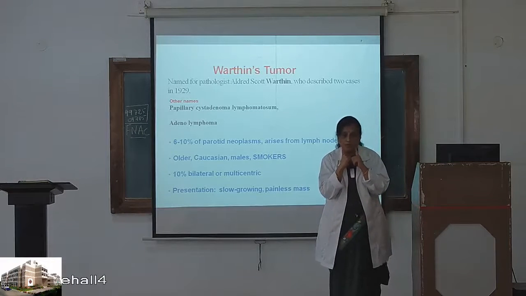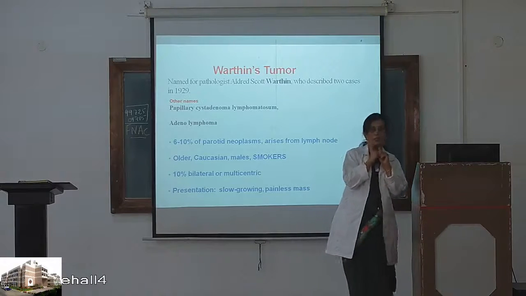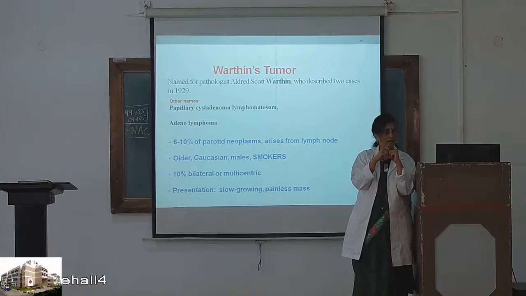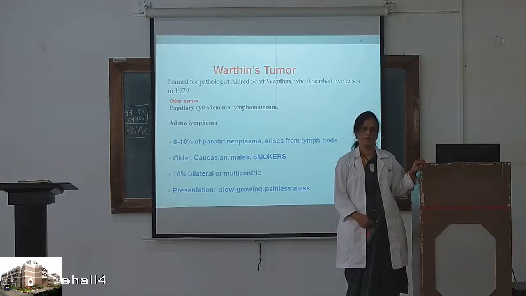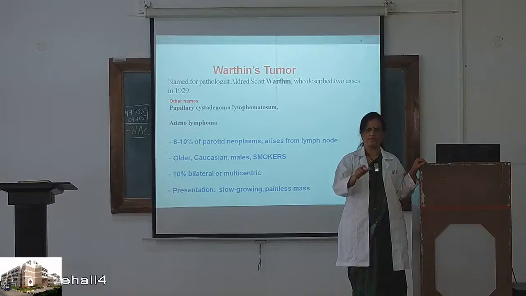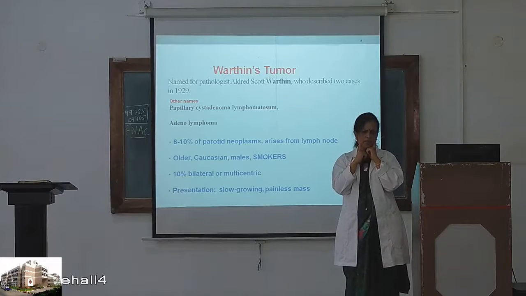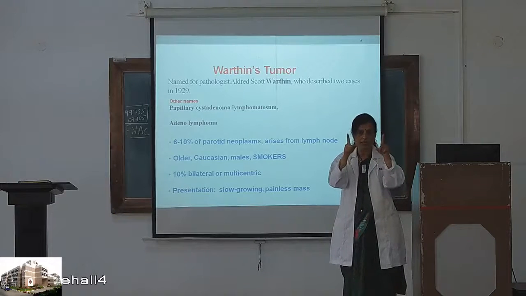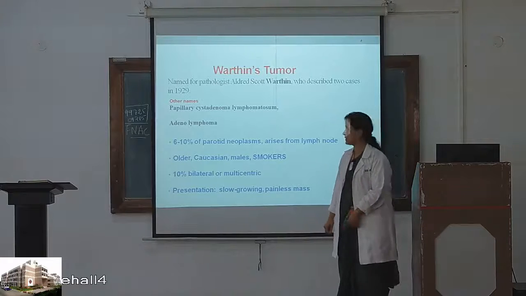Men more commonly. In general, I told you, salivary gland tumors are common in females, but remember parotid: men and people who smoke, chronic smokers. So it exclusively occurs in parotid, sometimes bilateral, in elderly males who are chronic smokers.